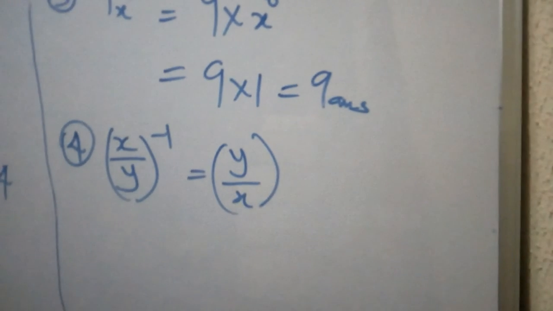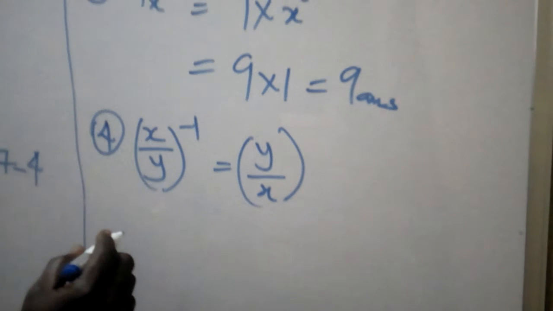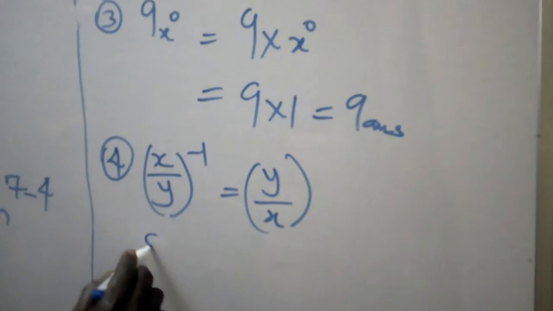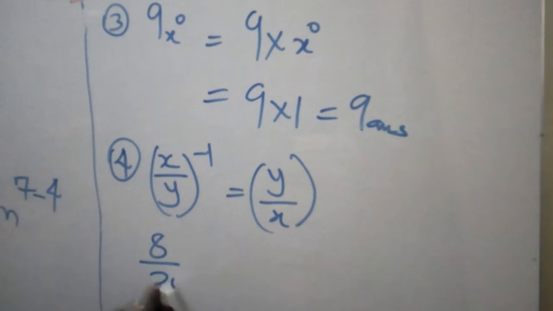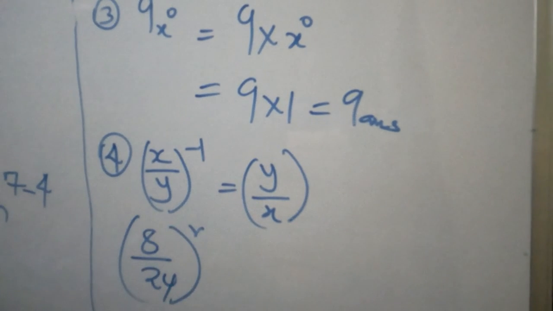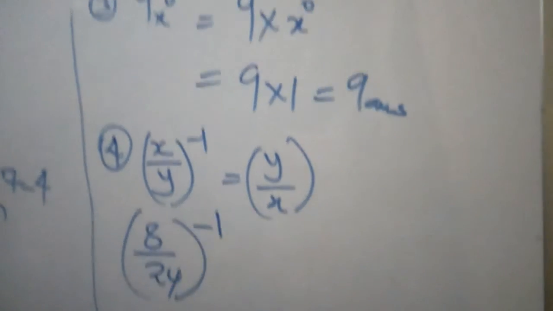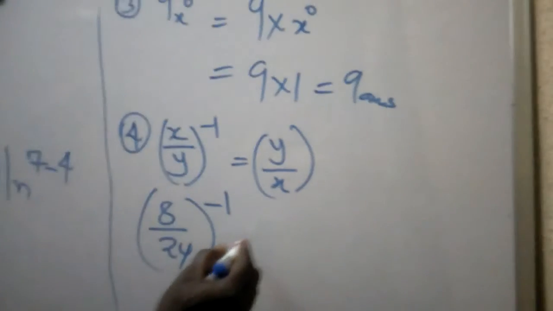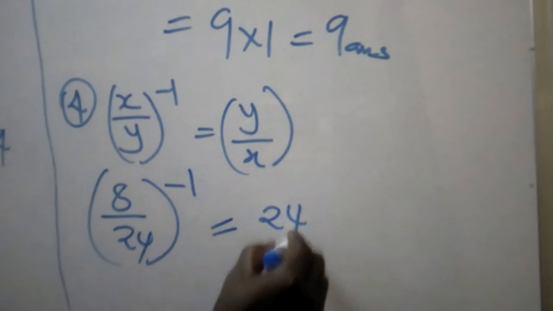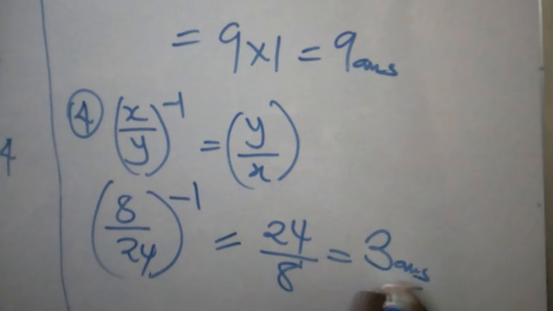So if you now have an equation like this, say 8 over 24 inverse, this is the same thing as 24 over 8, which equals 3 as your answer.